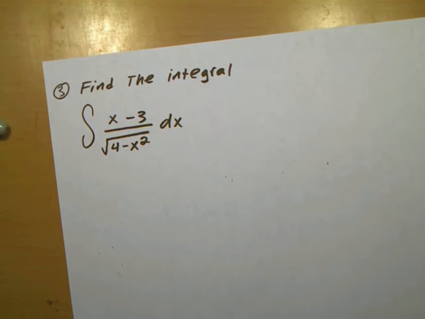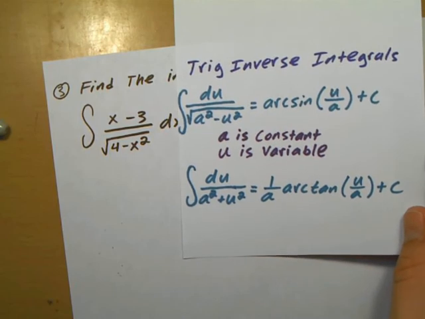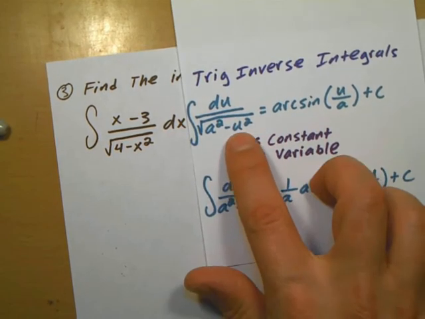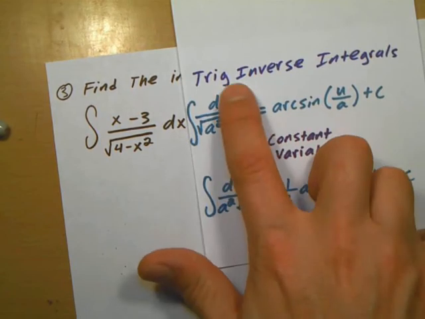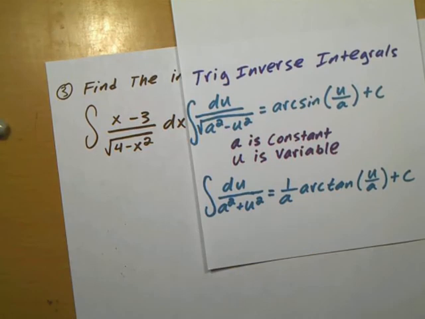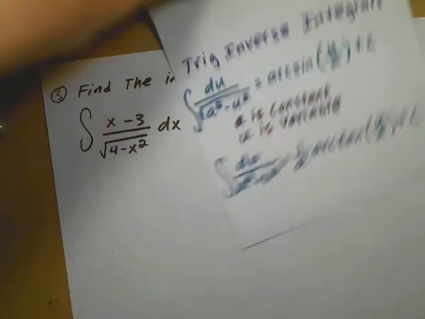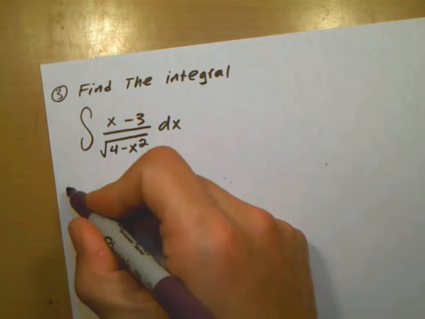Just by quickly comparing it to the arcsine, it doesn't quite match up, because I said the arcsine follows a pattern where it's a constant squared minus a variable squared with no other variable in it, and I can see that I have this x in it. So it's not going to match the pattern initially. I'm going to use a little integration technique, which is to split up the integral.